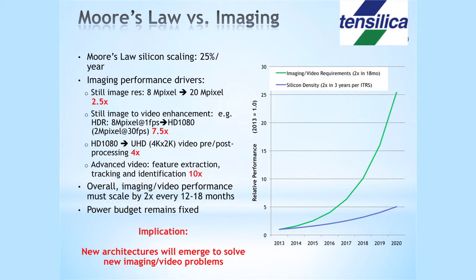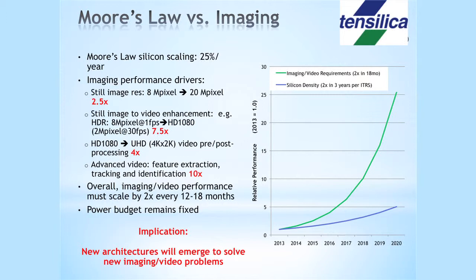So if you take even a subset of those things happening, say, over the course of the next decade, that translates into something like a required doubling of imaging performance about every year. And of course, your power budget stayed fixed.